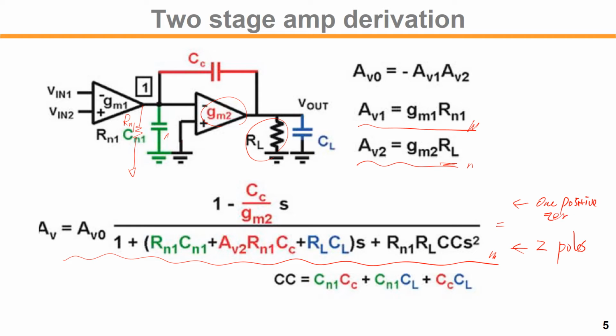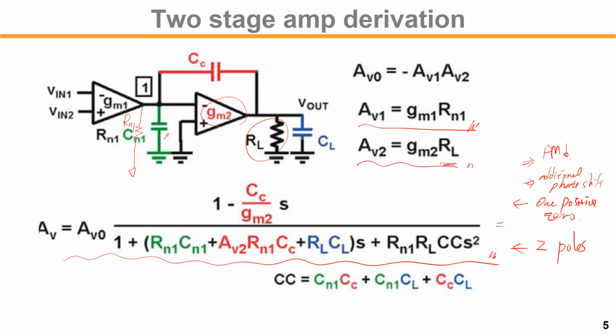A positive zero is very bad because it delivers additional phase shift, which reduces the PM. PM goes down. So this additional phase shift should go away at a much higher frequency, way above the unity gain frequency.